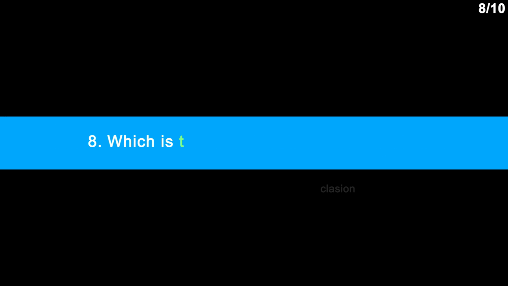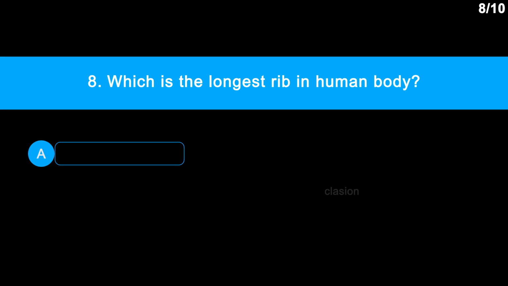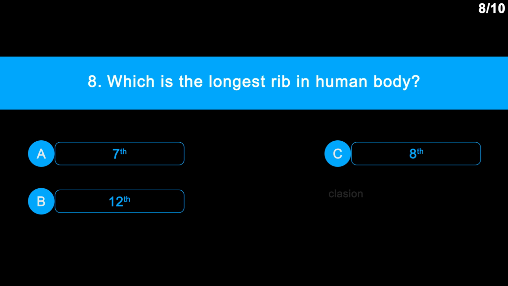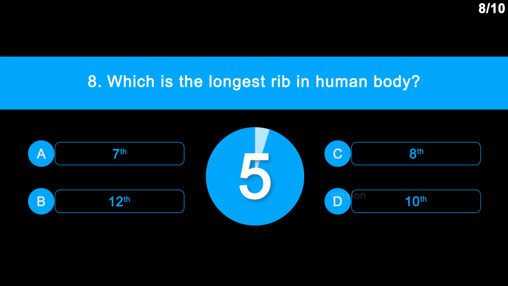Question number 8. Which is the longest rib in human body? Option A, 7th. Option B, 12th. Option C, 8th. Option D, 10th.